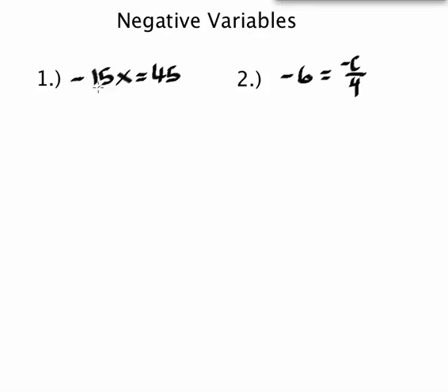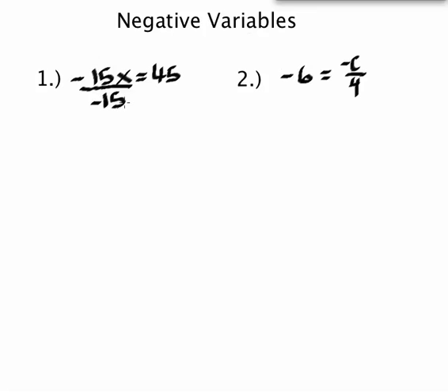Whenever I have a number next to a variable, I want to use reverse order of operations or inverse operations to undo what's being done to x. Right now we're multiplying x by negative 15. That means I want to divide both sides by negative 15 to get rid of it. When I have negative 15 over negative 15, that gives me a 1.